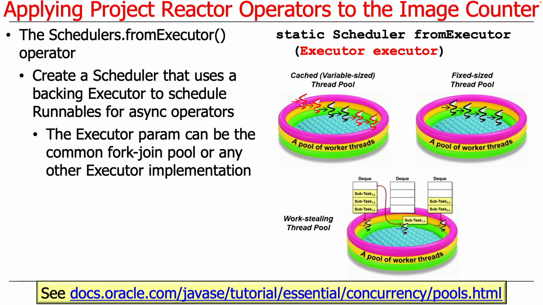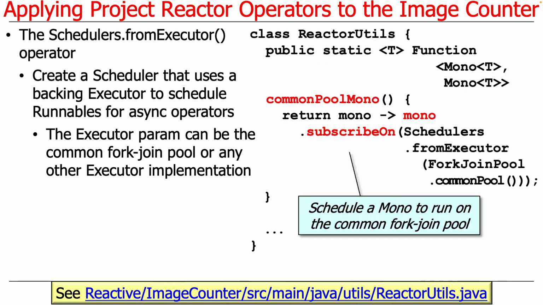And there's a bunch of thread pools that come out of the box with Java. You get a cached thread pool, which is a variable size thread pool where the threads are created on demand. We have a fixed size thread pool where you pre-allocate the max threads at the beginning and just live with it. And then we have the work stealing thread pool, which, as the name implies, is very clever, and it steals threads, and it can expand and contract a little bit as needed. It's very much like bounded elastic, by the way.